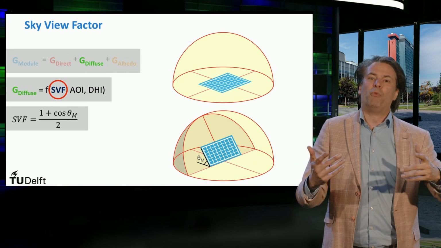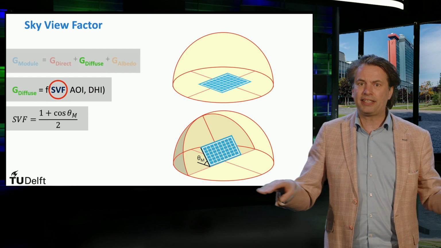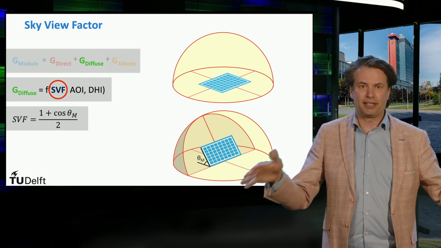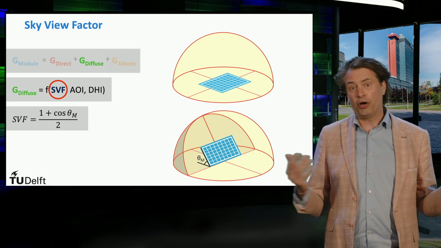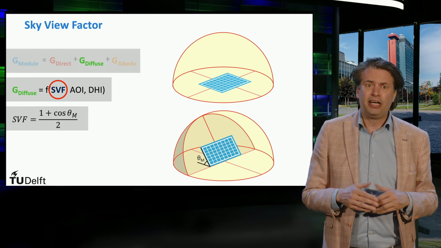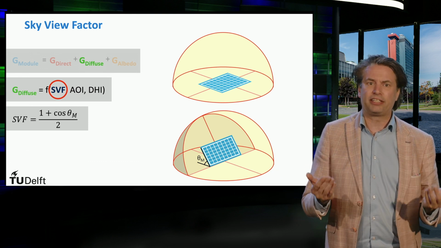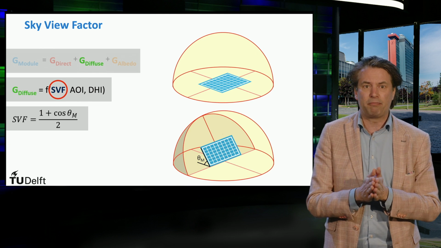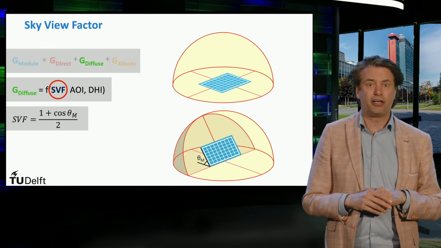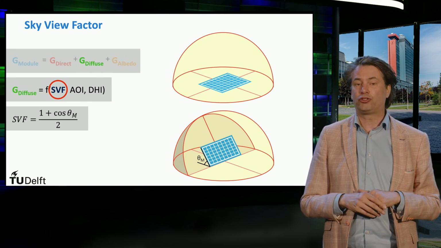Therefore, when the module is flat on the ground, light is incident on the module from the entire hemisphere. On the other hand, when the module is tilted in order to optimize the direct irradiance, the angle from which light can reach the module is limited, and therefore the sky view factor has to be calculated.